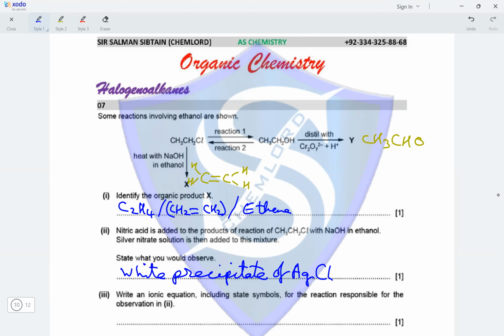Write an ionic equation including state symbols for the reaction responsible for the observation. So the ionic equation would be Ag+ (aq) ions from silver nitrate, Cl- (aq) ions from NaCl, forming AgCl (s), which is the white precipitate that would be observed.